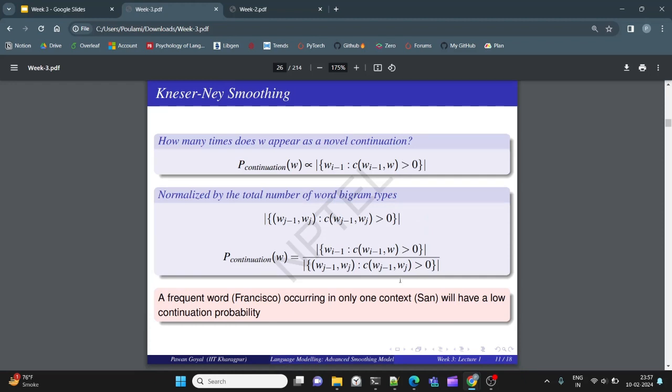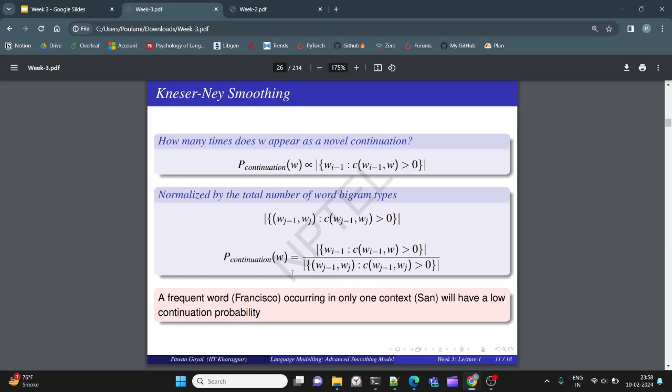One of the students had asked regarding the computation of this probability. Given a corpus, we simply find out what the possible bigrams are. All possible bigrams, not necessarily unique bigrams. First, we compute all possible bigrams that are there in the corpus. Once we have found all possible bigrams, we find the bigram types, which are only the unique bigrams that are present.